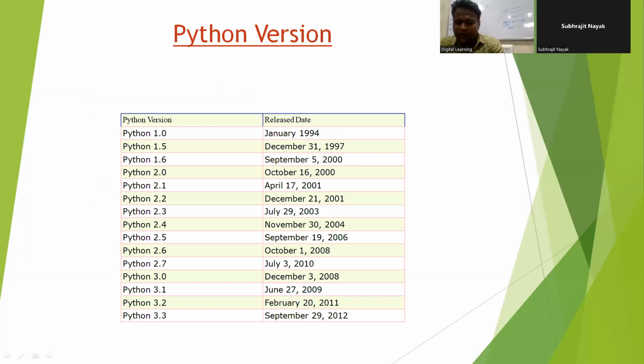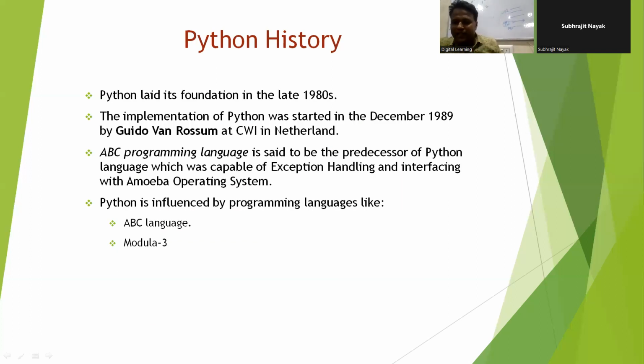Okay. Again, why is it called Python? The Python name was given after Monty Python. Monty Python is a director of a famous comedy show.